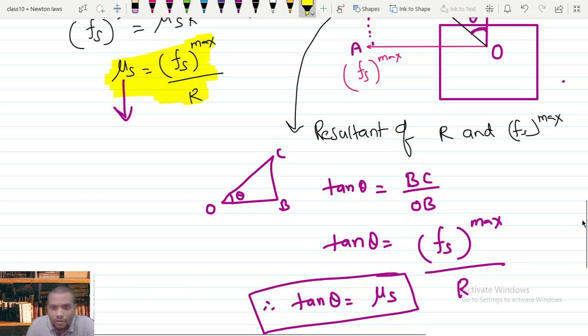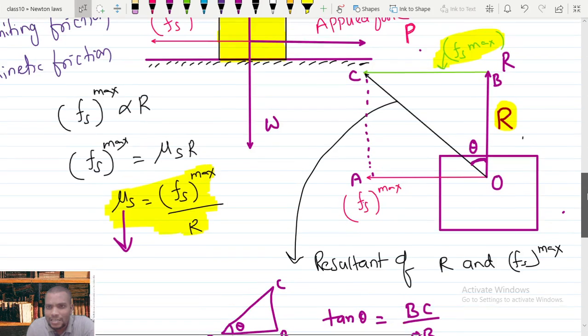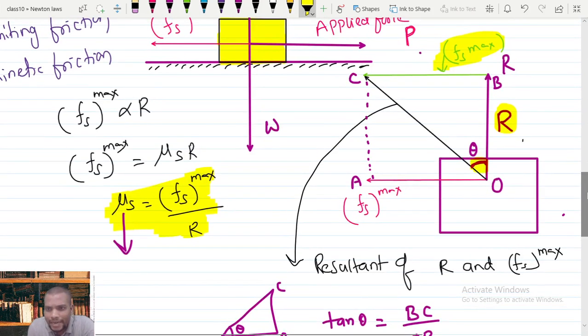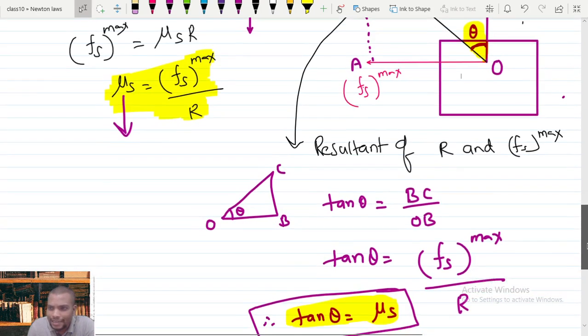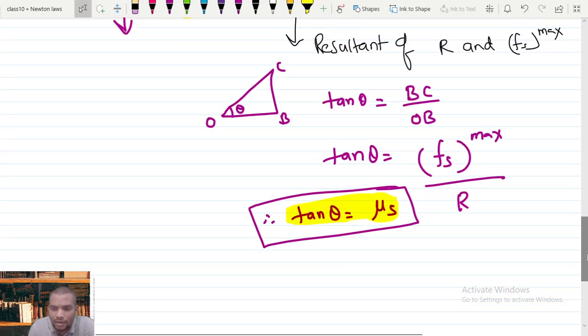So here the coefficient of static friction is converted into a certain angle, the angle which is made with the normal reaction force. So tan theta equals mu s, that is, the coefficient of static friction is equal to the tangent of theta.